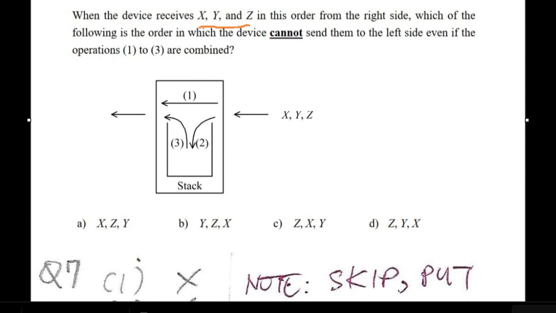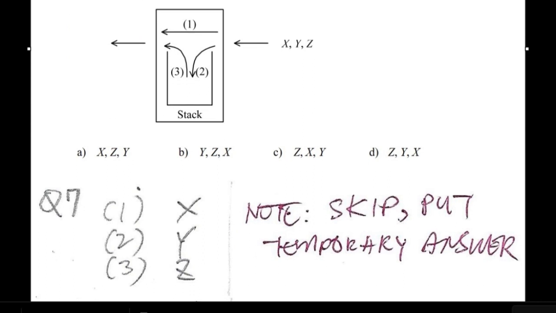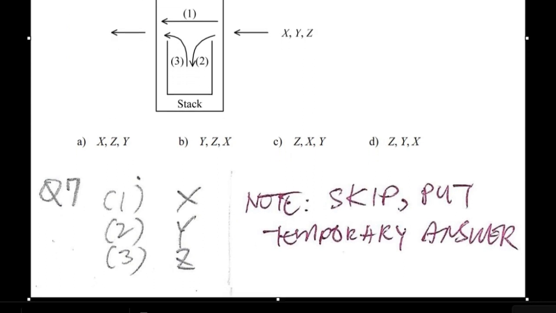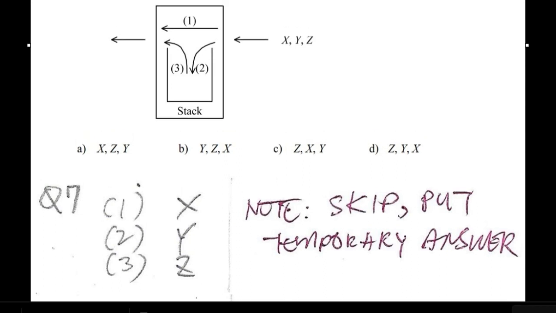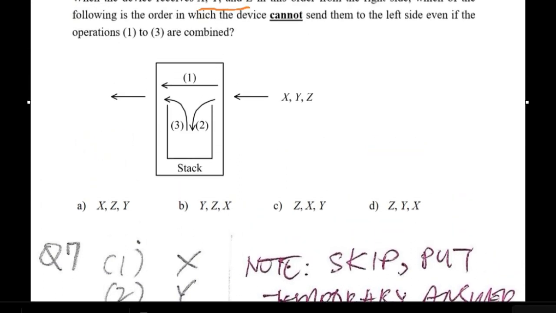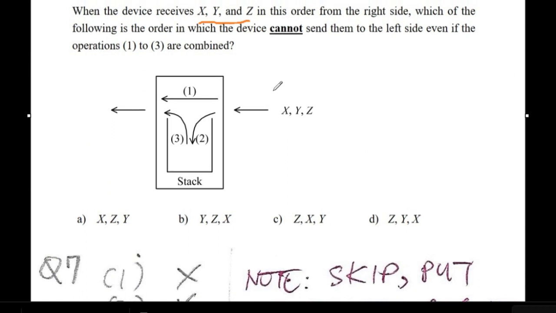So if we look at the operations again and we put the X, Y, Z in this order, just like in the instructions, the next thing that we need to do is, it's asking us if the order is rearranged, which order would give us this output, which is it cannot send the data to the left side.